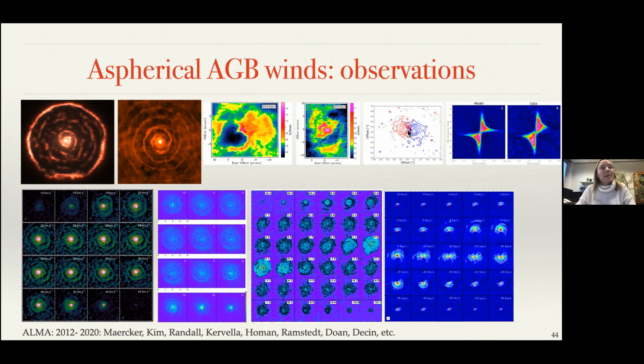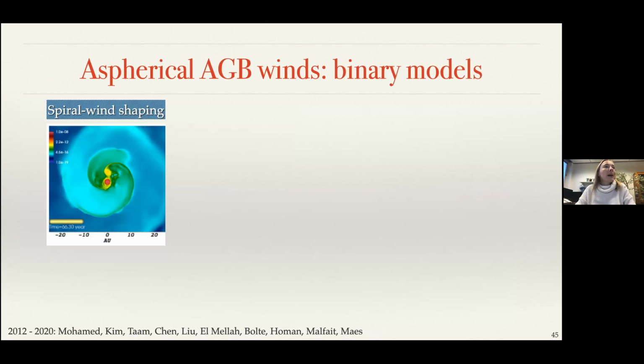And at the same time that we were gathering all this kind of observations, they were also a trigger of developing more advanced binary models for these AGB winds. I will also show you some of these simulations, and you will see that often, but not always, we capture what you can see in the data.